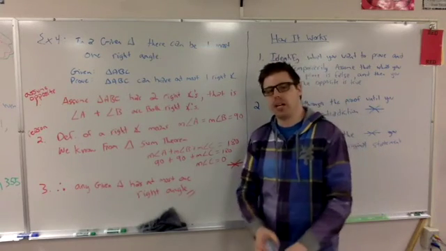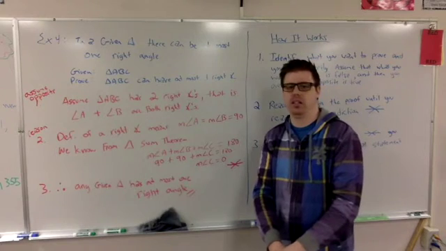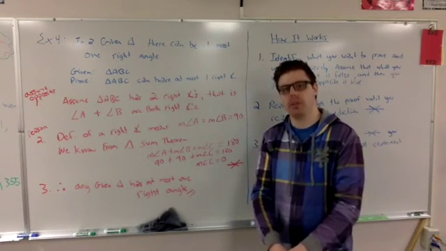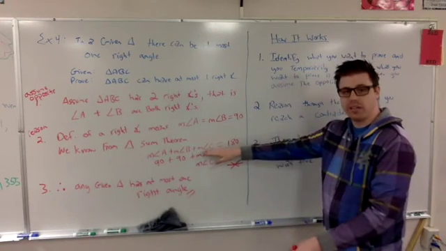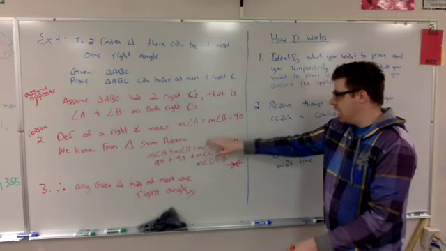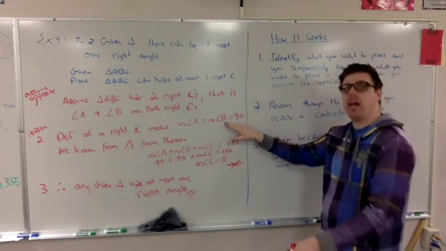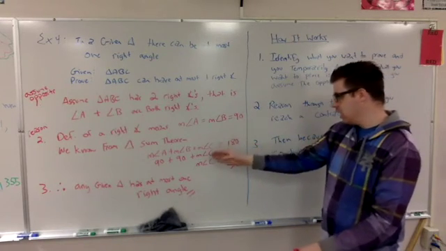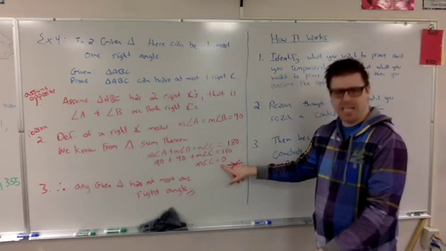Now, maybe you are thinking at this moment, well, what if all 3 were right angles? Well, you would come down to this point, but instead of just measure of angle A equal to measure of angle B, you would also have measure of angle C, all three of them equaling 90. You would come to a spot where it says the measure of angle C is negative 90 degrees.